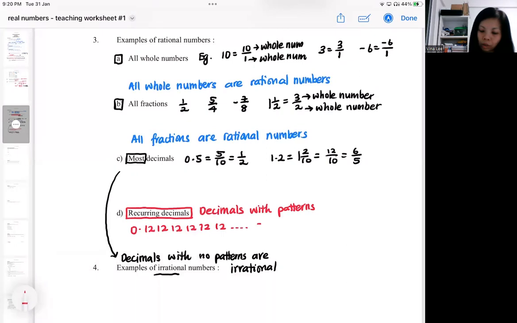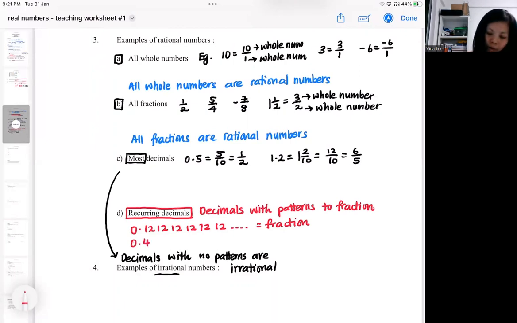All this can be converted to fraction. There will be some examples that show how we convert decimals with patterns to fractions. At the moment, you just need to know that as long as you see a decimal with pattern, it can be converted to fraction. That's why it is actually considered rational numbers.